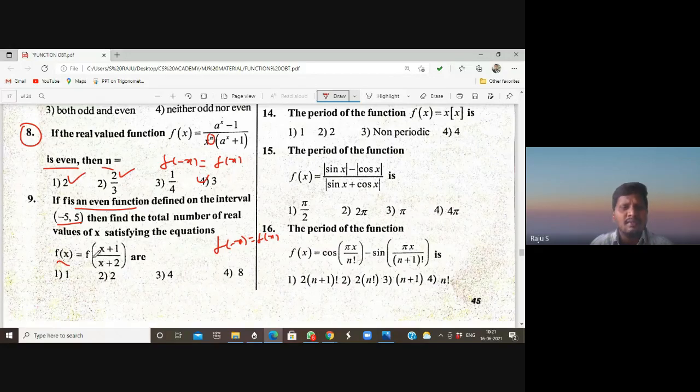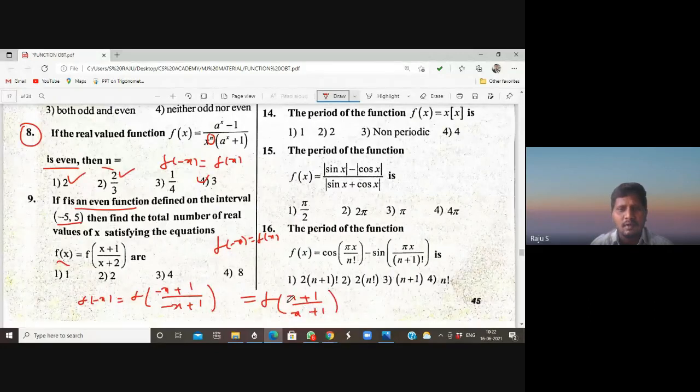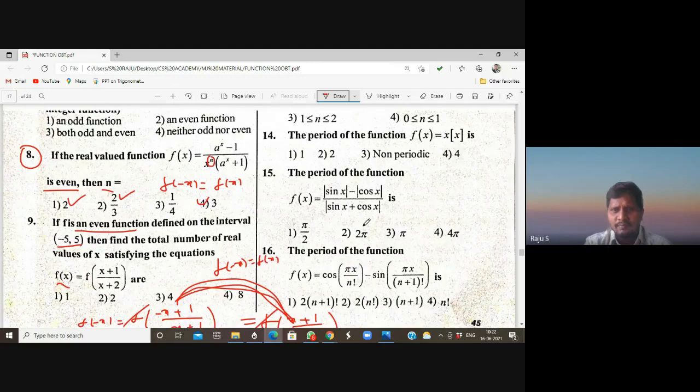You have to replace x by minus x, because you have to find f of minus x: (minus x plus 1) by (minus x plus 2). So f of minus x is equal to plus f of x, that is, (x plus 1) by (x plus 2). Just equate these two values, and equating both we are going to get the x value. That is easy.